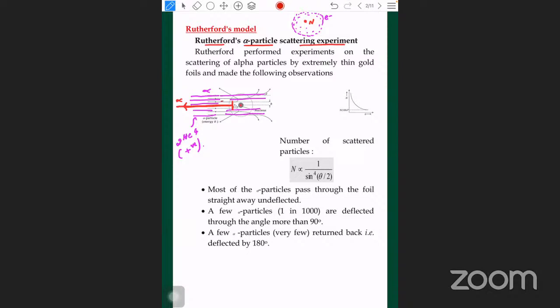Only a few alpha particles are going to get scattered by more than 1 degree. Only a few particles are going to scatter by more than 90 degrees, that is only 1 in 1,000.